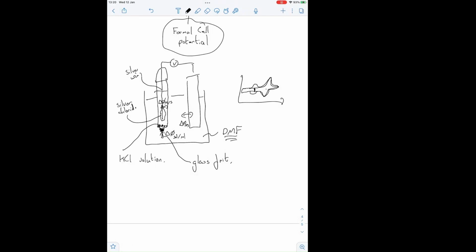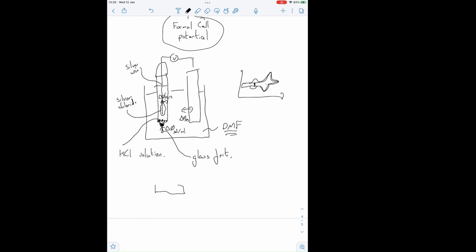Because here, when I've got my glass frit, I've got solution here, K plus and Cl minus, and I've got a salt here, say this is saturated, and I've got a 0.1 molar solution here of, say, sodium nitrate, which you've decided on.